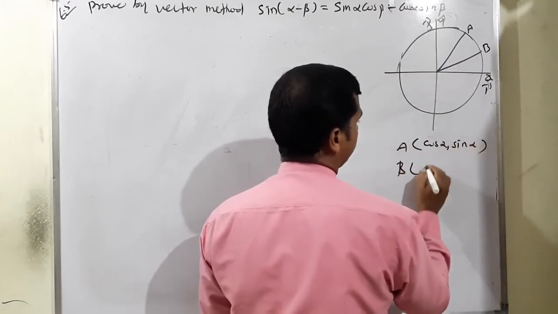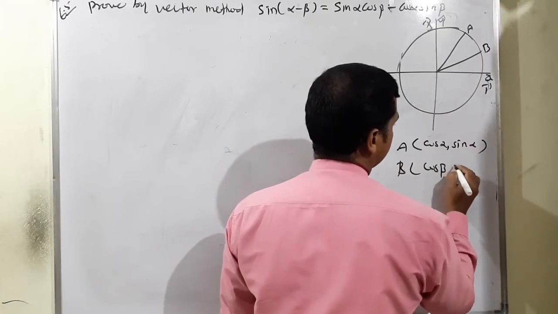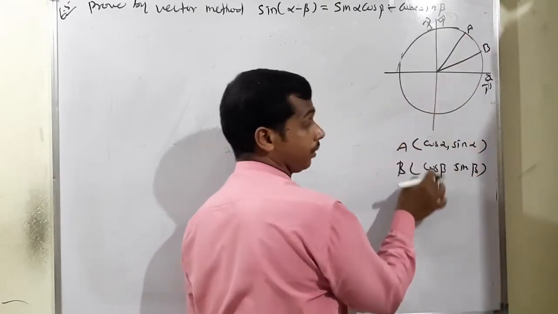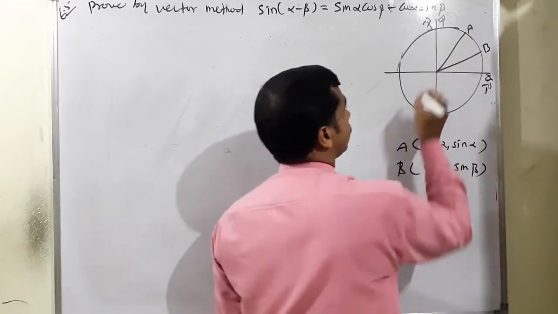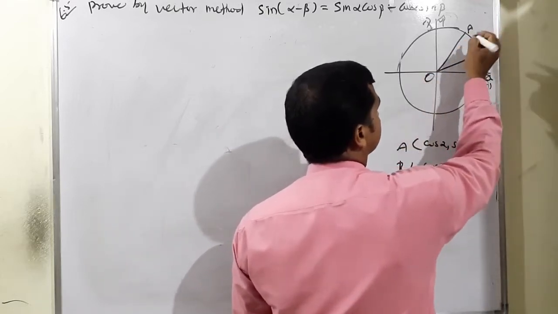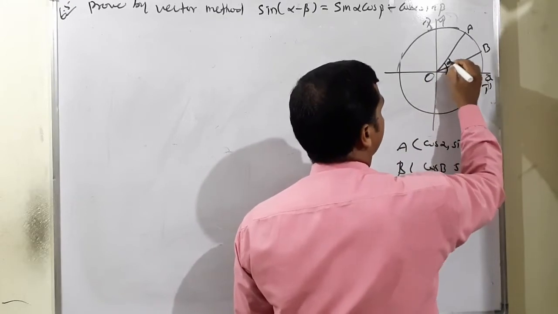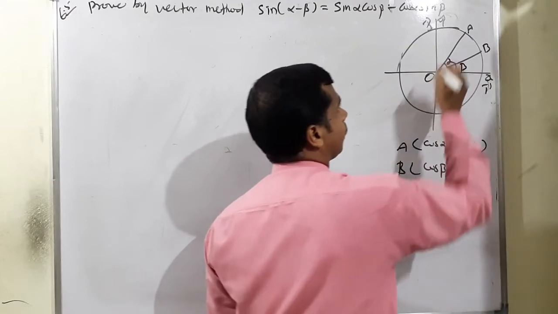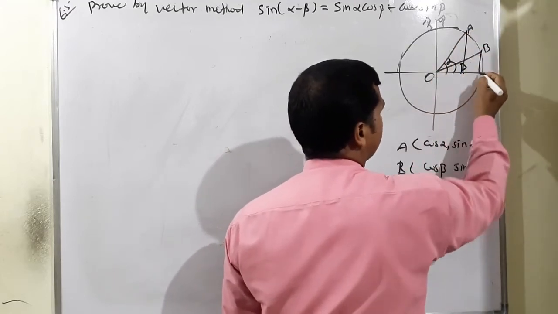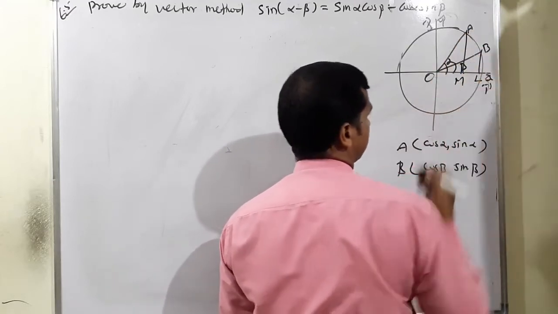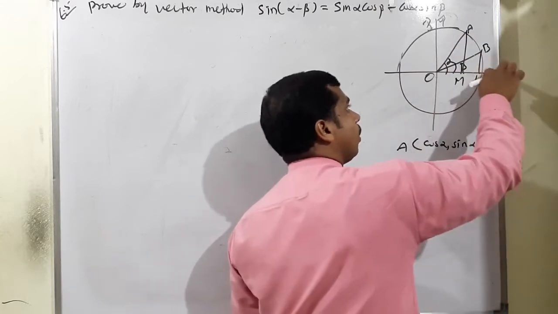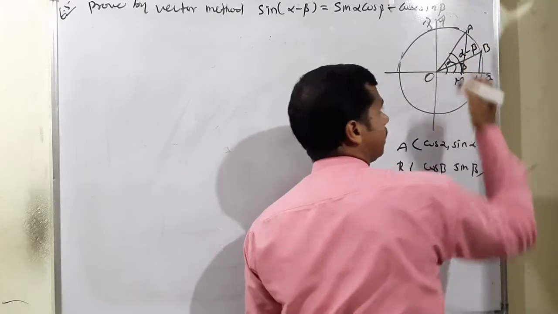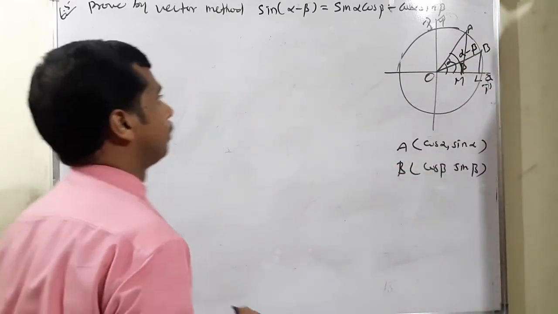Then point B is cos beta, sin beta. There is no space, that's why I have written it here. Now, the origin point O, this is alpha, this is beta. If you join the points, this is M, this is L. Then the angle between A and B will be alpha minus beta. One of the important terms.